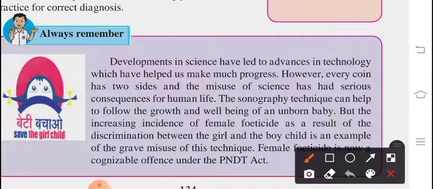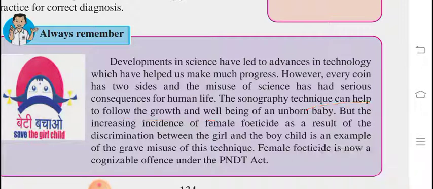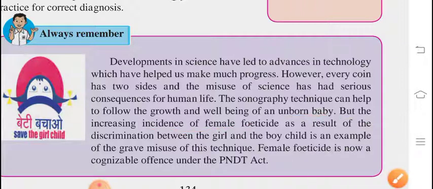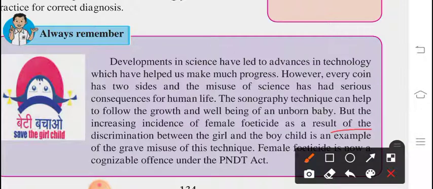The sonography technique can help to follow the growth and well-being of an unborn baby. But the increasing incidence of female foeticide as a result of discrimination between the girl and boy child is an example of misuse of this technique. Female foeticide is now a cognizable offence under the PNDT Act.